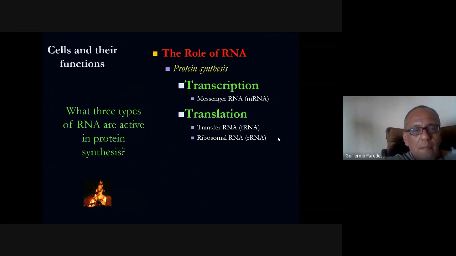What three types of RNA are active in protein synthesis? Okay, so we have different types of RNA. The messenger RNA, the transfer RNA, and the ribosomal RNA. Remember the cards coming with the ingredients, that is the transfer RNA.